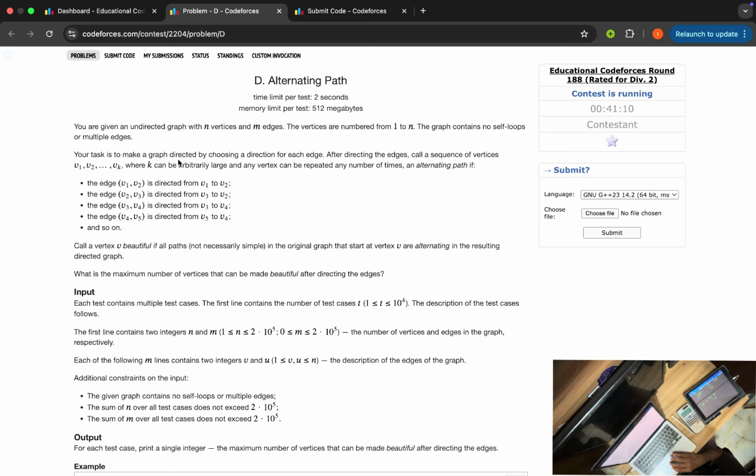Your task is to make the graph directed by choosing a direction for each edge. After directing the edges, call a sequence of vertices, where k can be arbitrarily large and the vertices can be repeated any number of times, an alternating path if the edge v1 v2 is directed from v1 to v2, v2 to v3, as shown.